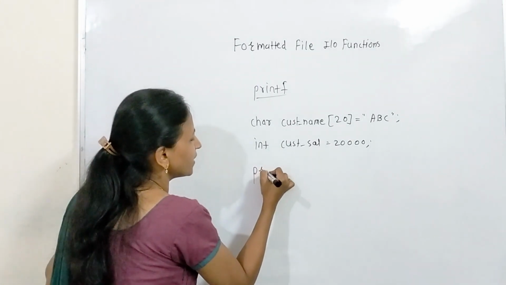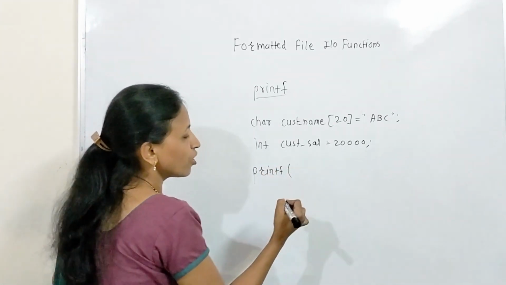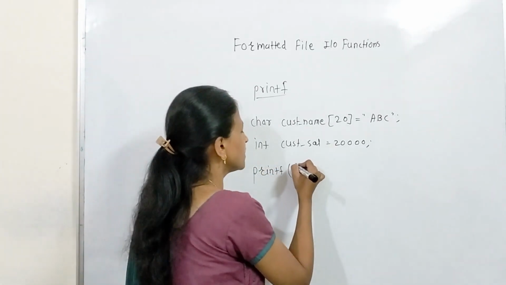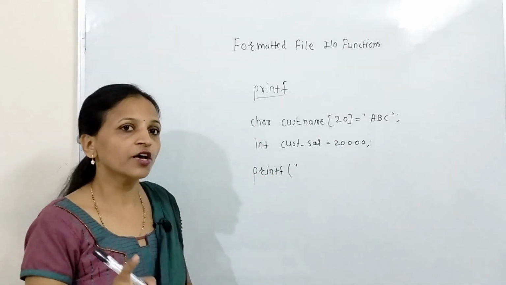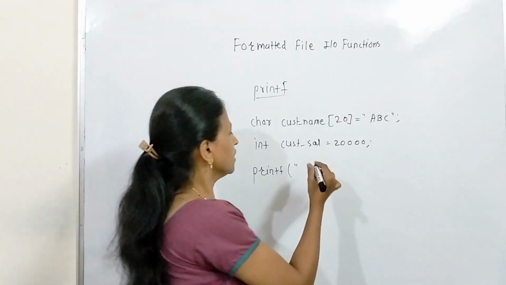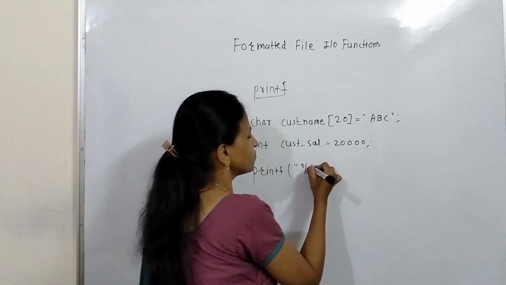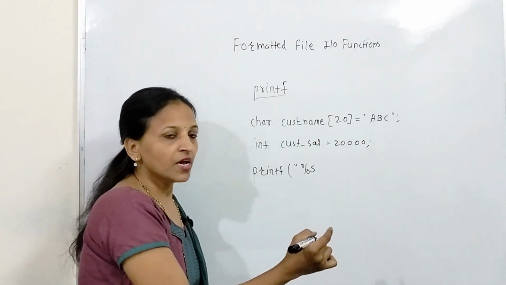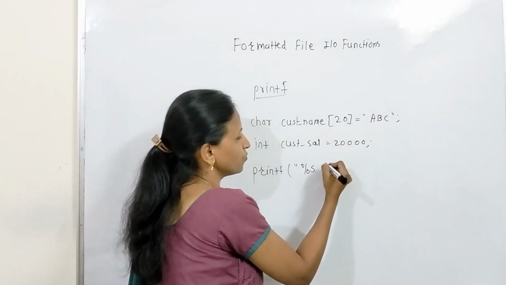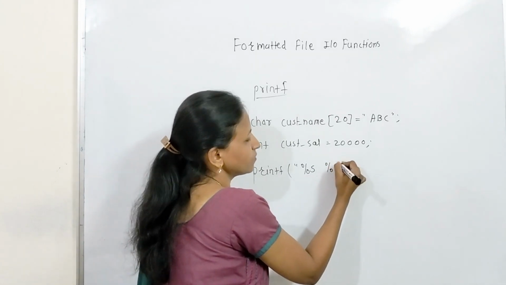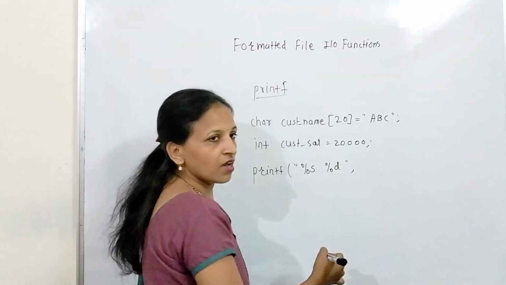Then we use printf, and the format specifiers we have to compulsorily use, that is nothing but the format string or control string. Here %s for displaying the customer name, then some space, and then the salary I will display like %d, then a comma.